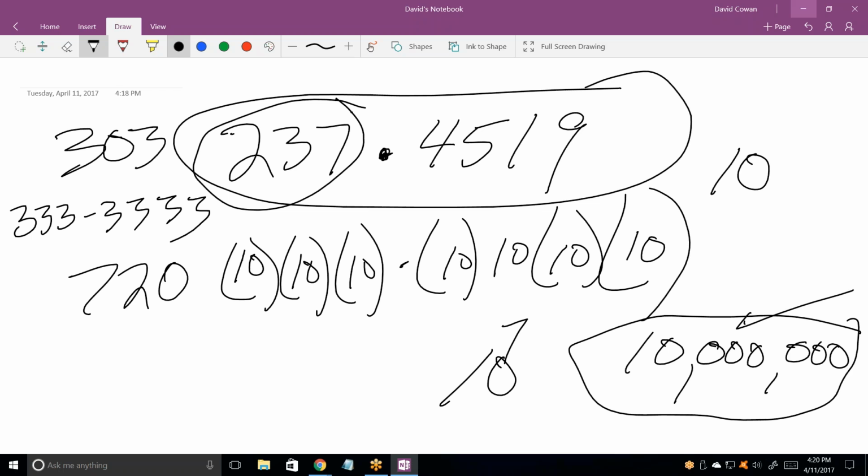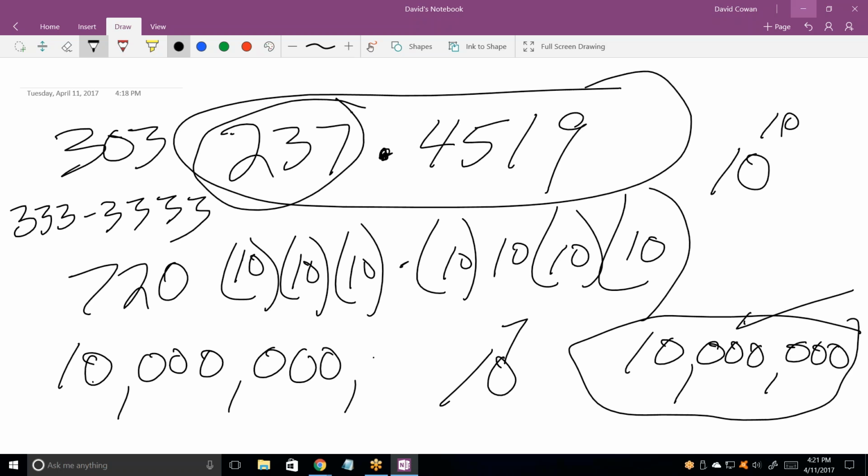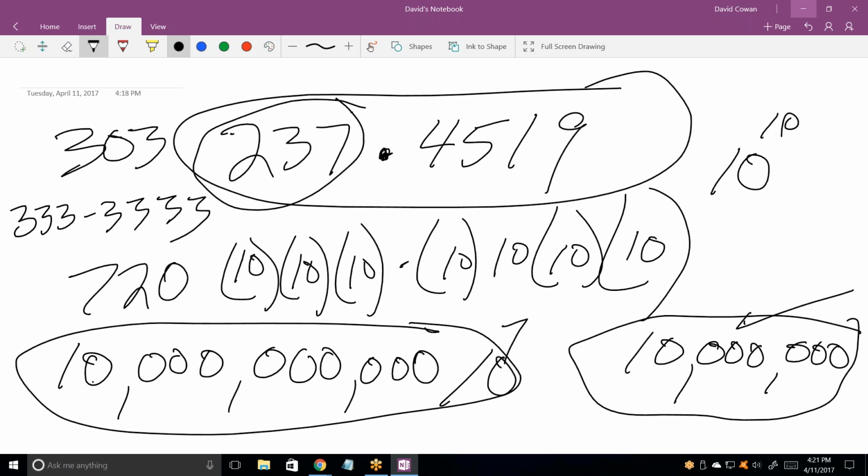Now it's 10 to the 10th instead of 10 to the 7th, and 10 to the 10th is a lot more. Well, it's a 1 with 10 zeros behind it. So that's 10 trillion. So as long as you have an area code, you can use 10 trillion numbers.